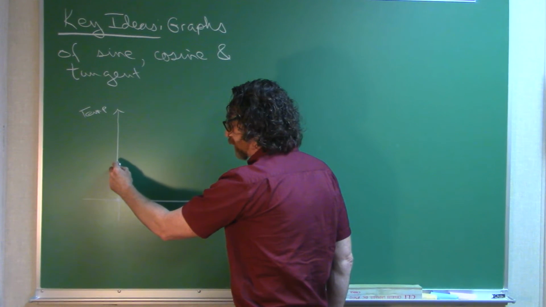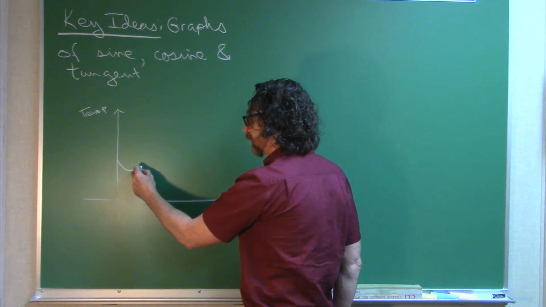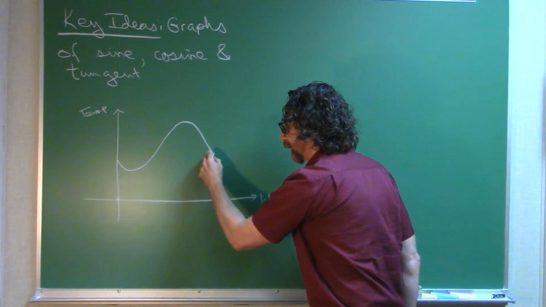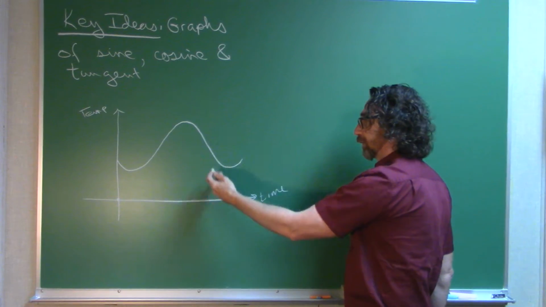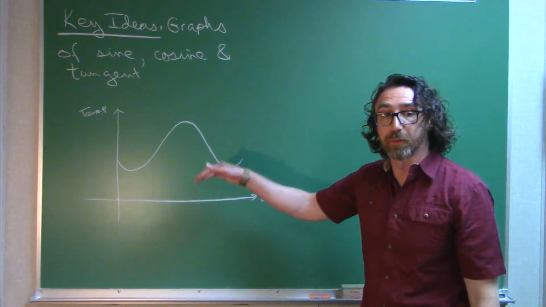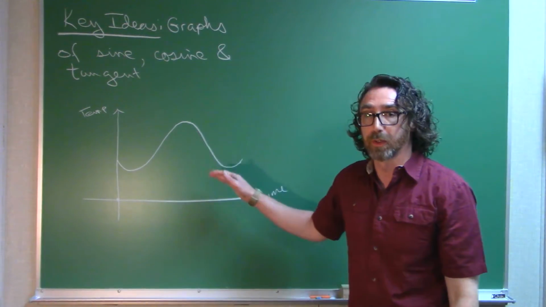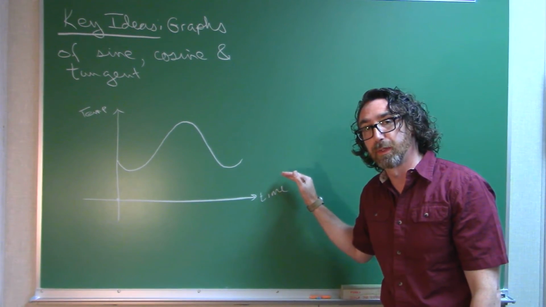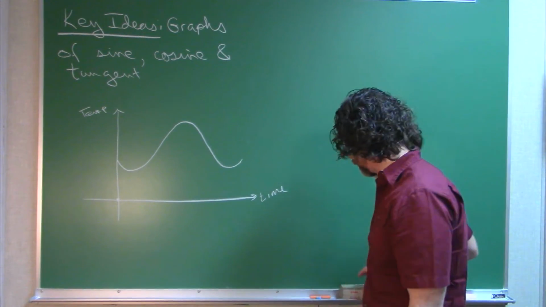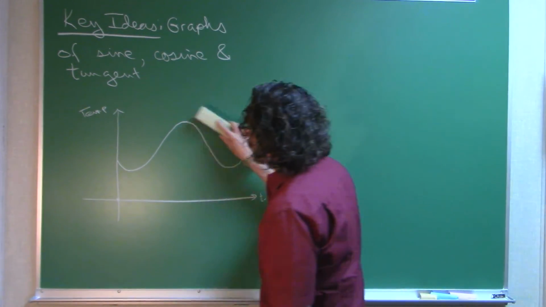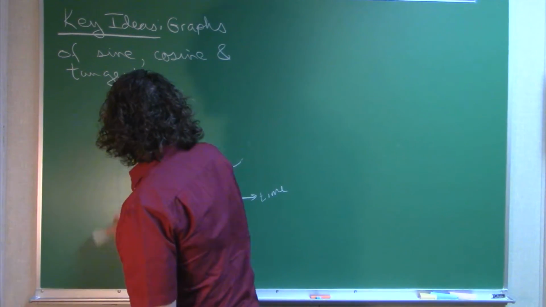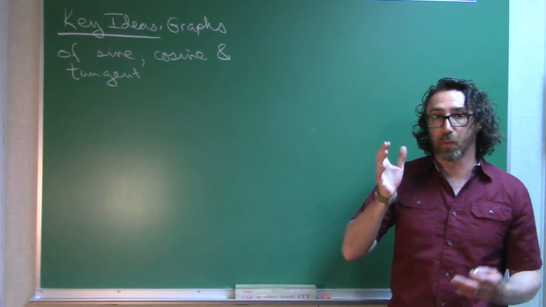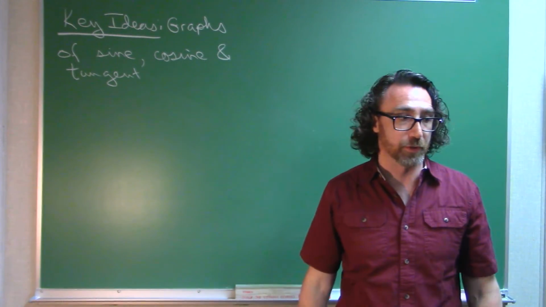We expect it to maybe even drop a little bit during the night, but then during the day, we expect it to go back up, peak in the middle of the day, come back down at night, and then the next day we would expect a similar cycle where the temperature rises, hits a max in the middle of the day, goes back down at night, and repeats like that. So as we'll see, these trigonometric functions oscillate. They are what we call periodic functions.